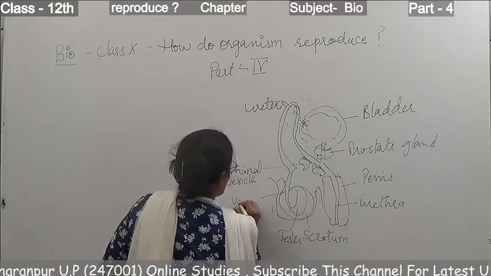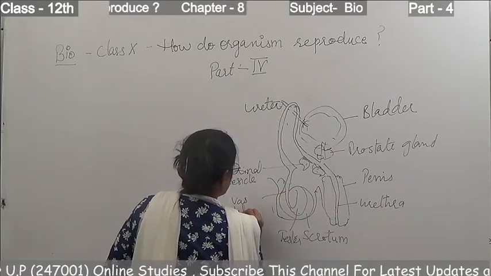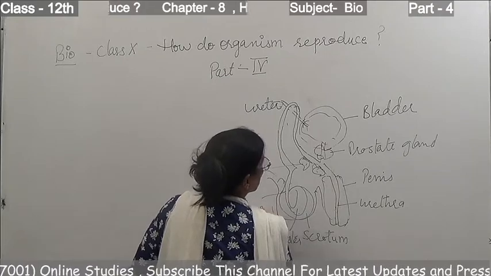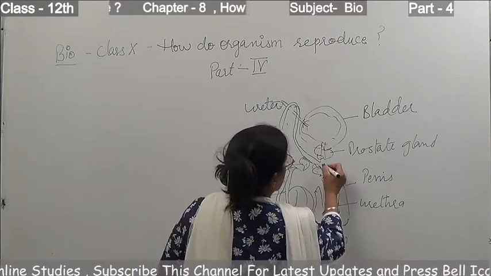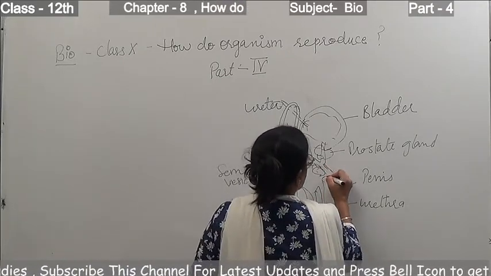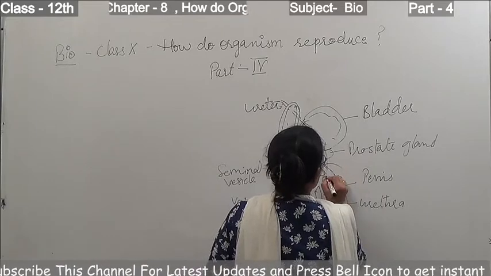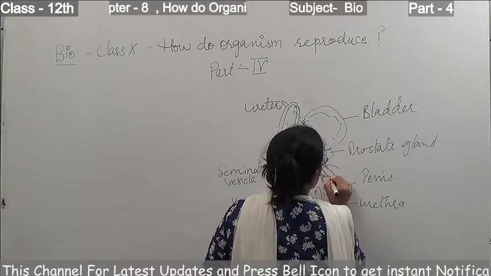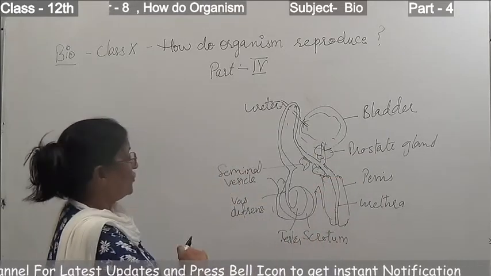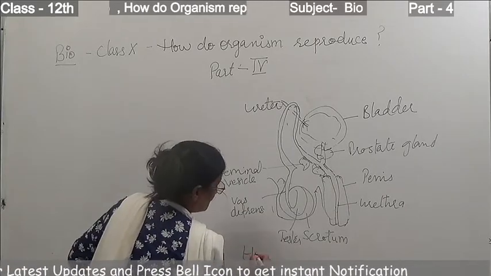This is the vas deferens. So, this is the structure of the human male reproductive system.